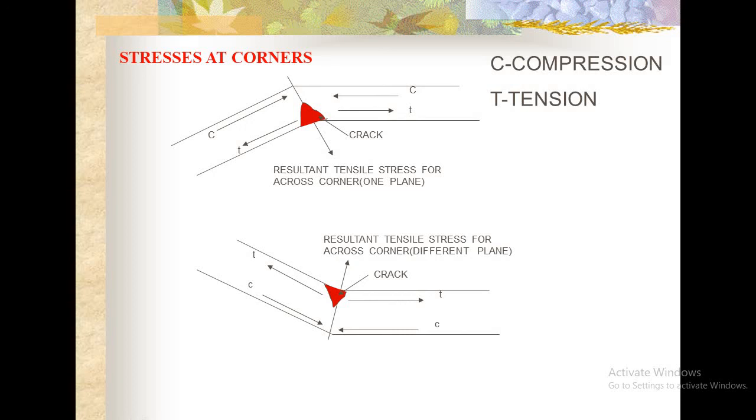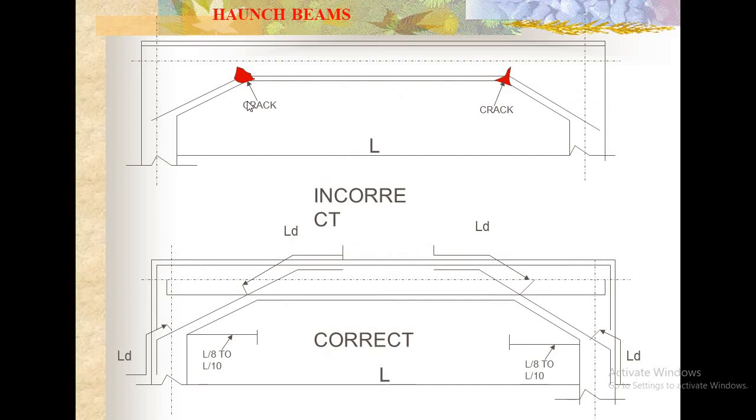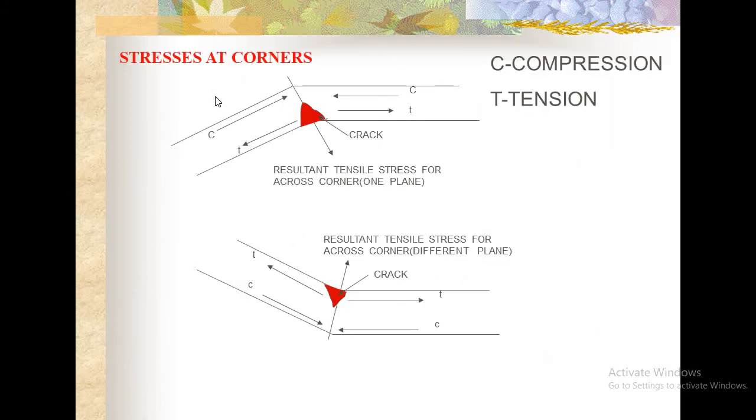To avoid this, we need to provide the reinforcement to this extent. Actually, the bottom reinforcement has to be extended in the upward direction, and the bottom reinforcement has to be extended in this direction. This is a very important thing.